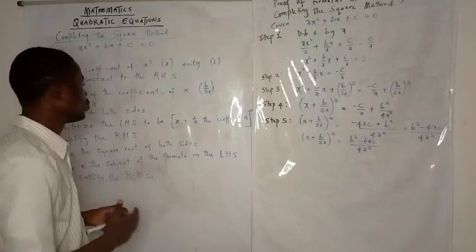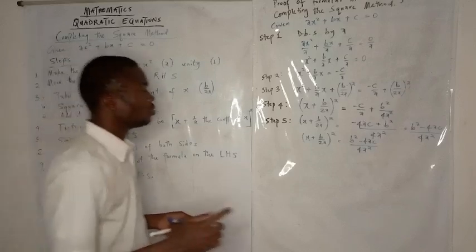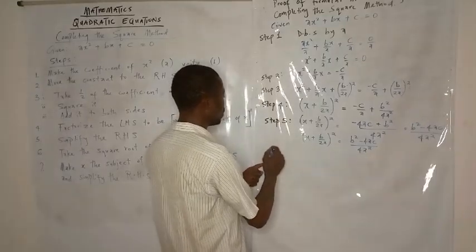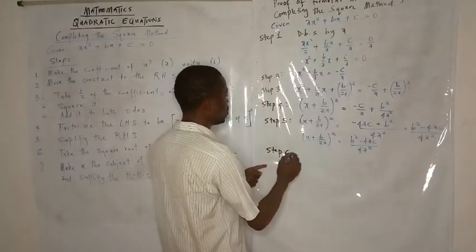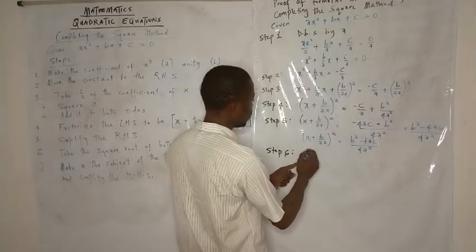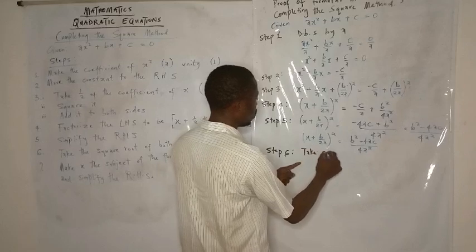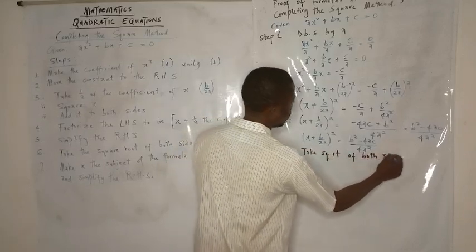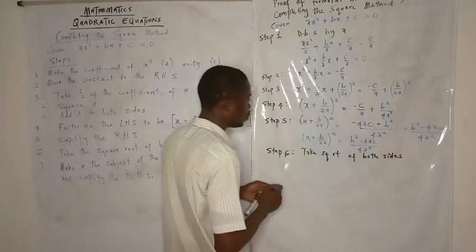Step 6 says we should take the square root of both sides so that we can cancel the squares on the left hand side. So we take the square root of both sides.